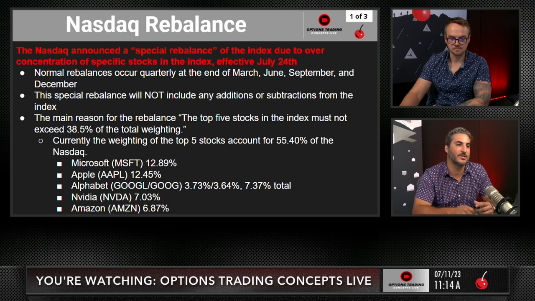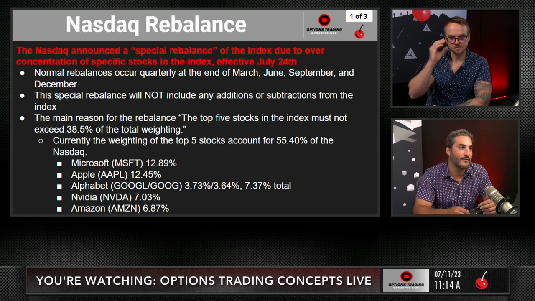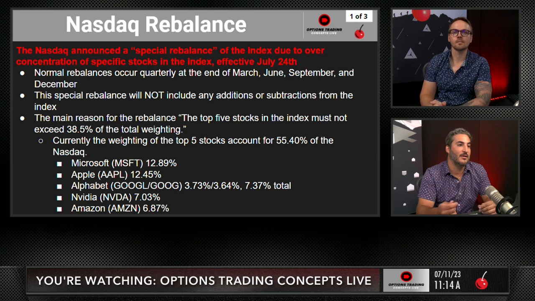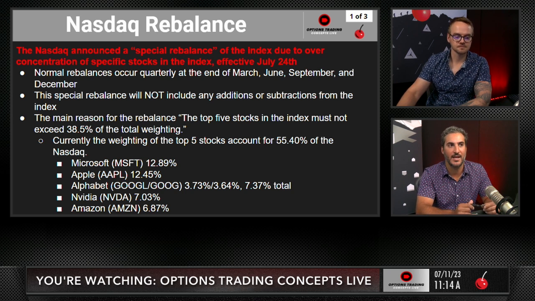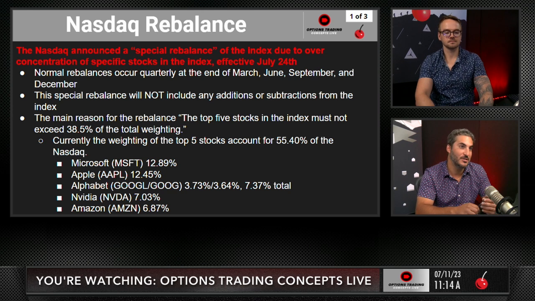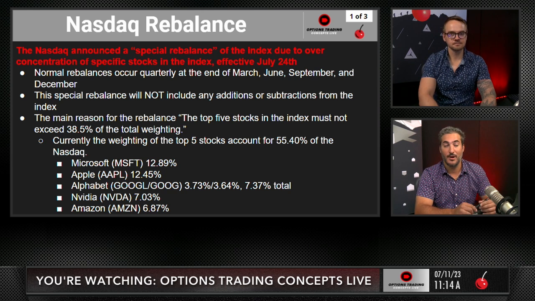So you've got Microsoft up there at number 1 at 12.89%, Apple at 12.45%. You have Alphabet, Google, which we know it as. Both of them together account for about 7.37%, Nvidia at 7.03%, and Amazon at 6.87%. So this grouping is more than half of the total weighting of the Nasdaq, which exceeds the parameters.